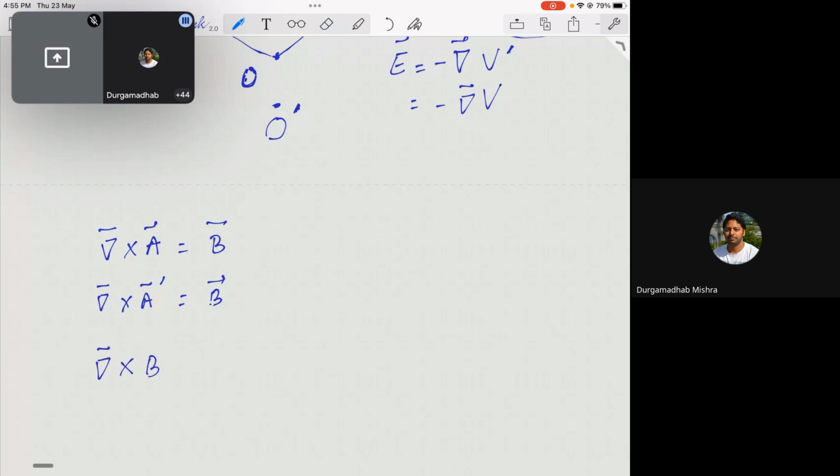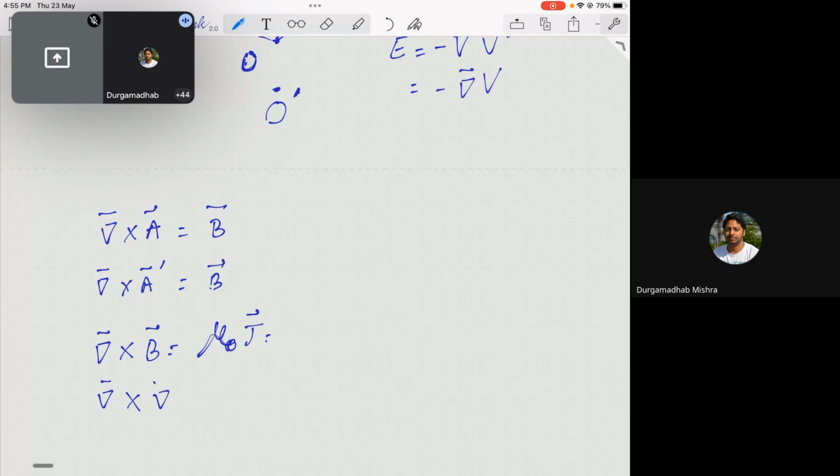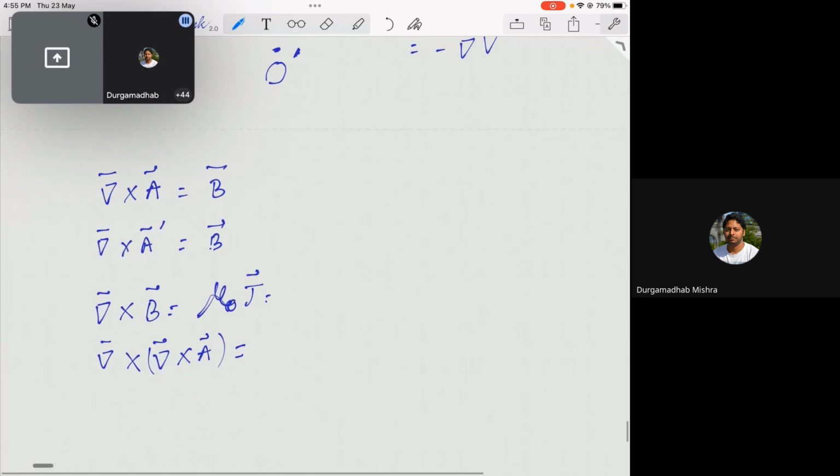We know curl of B is equal to mu naught J. Now if I calculate the curl of the left hand side, this is curl of curl of A, for which you use a vector identity, which will tell you this: del into del dot A minus del square A.